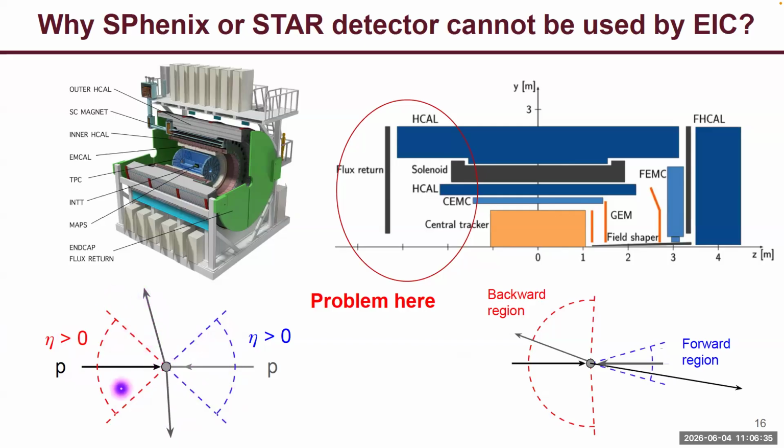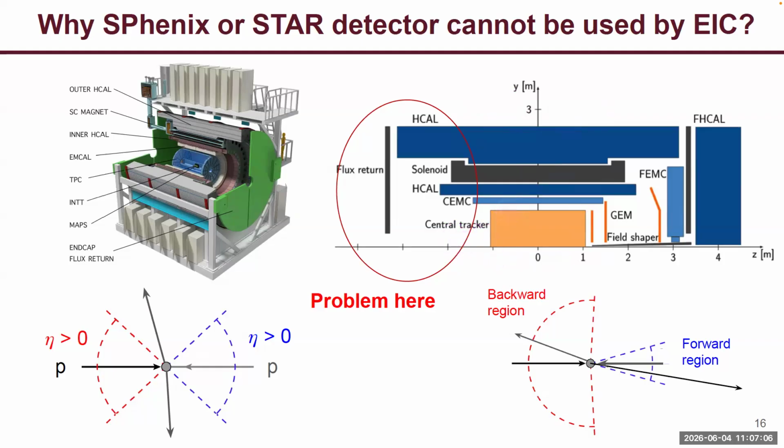Most of their particles will go to the central region, the cylindrical region in the middle. This is why they optimize the particle detection in all the central regions. They have several layers of trackers. I don't think they have PID, but they really do the tracking of the particles well.